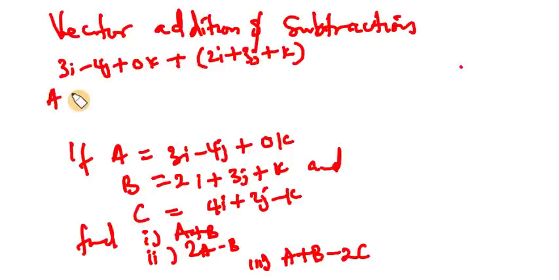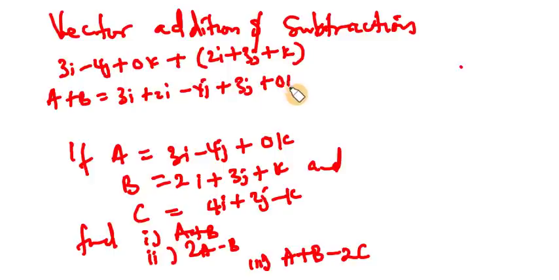So a plus b will now be 3i plus 2i, we are done with this. Then we have minus 4j plus 3j, then we have plus 0k plus k.